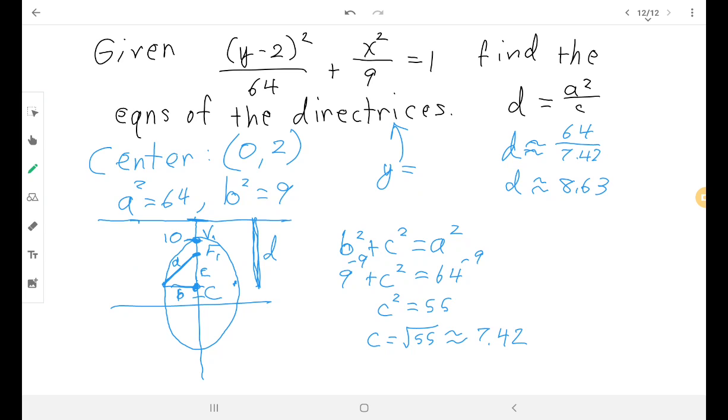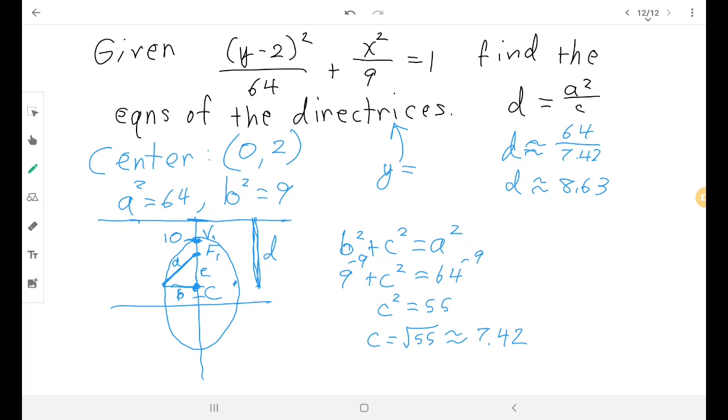So there's that. So that distance is about 8.63, and we're going to move in the y direction from the center that distance.